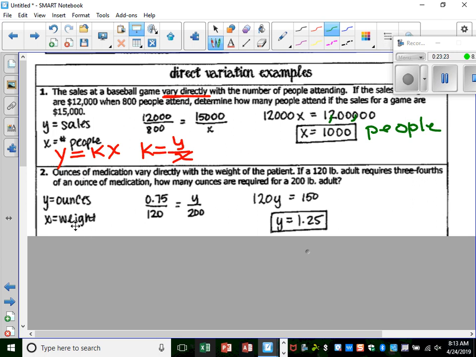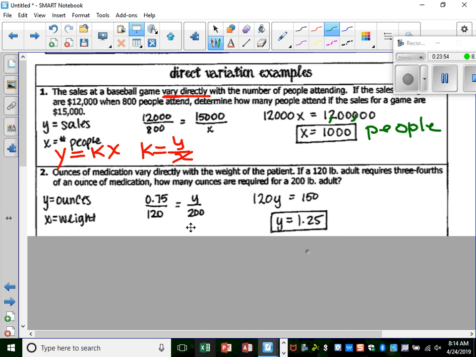Now I know that when I see pounds, and that's weight, that number goes at the bottom. So it says if a 120-pound adult requires 3/4 of an ounce of medication, and they just changed 3/4 to 0.75, how many ounces are required? So we don't know, so that's Y, for a 200-pound adult.